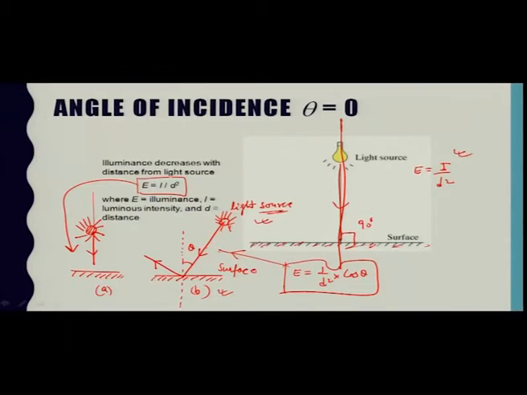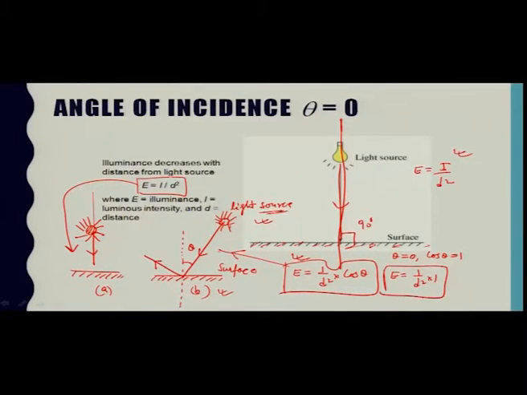So where theta is the angle of incidence, and note that in this equation, if you put theta equals 0, then cos theta will be 1, and this equation will be reduced to I by d square into 1.